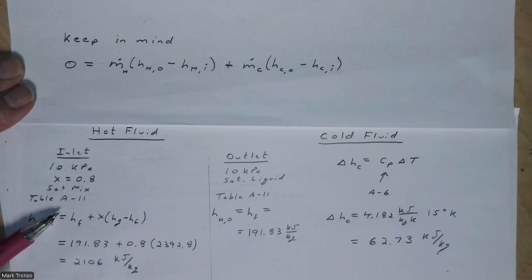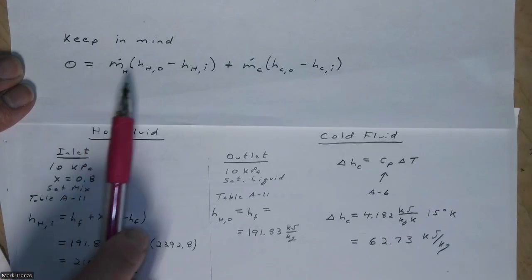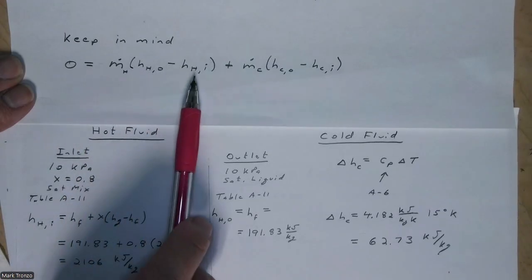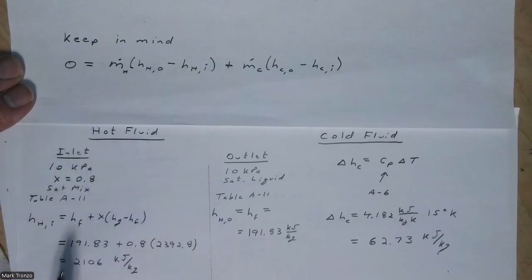And if you look in the table, in my book, it's table A11. Again, we have SI units this time. And to find, we need these values here. Now to find h_hi, we'll have to use this because it's a saturated mixture. And look up h_f plus 0.8 times h_g minus h_f.